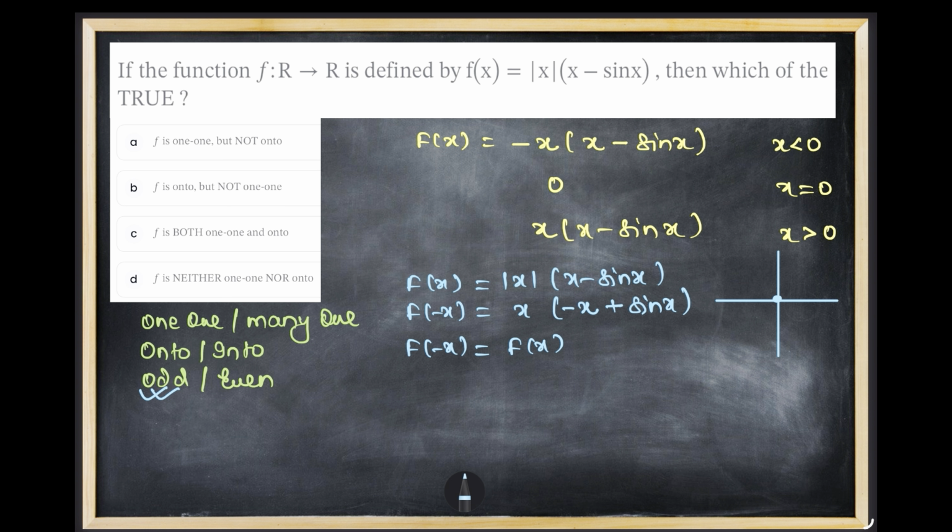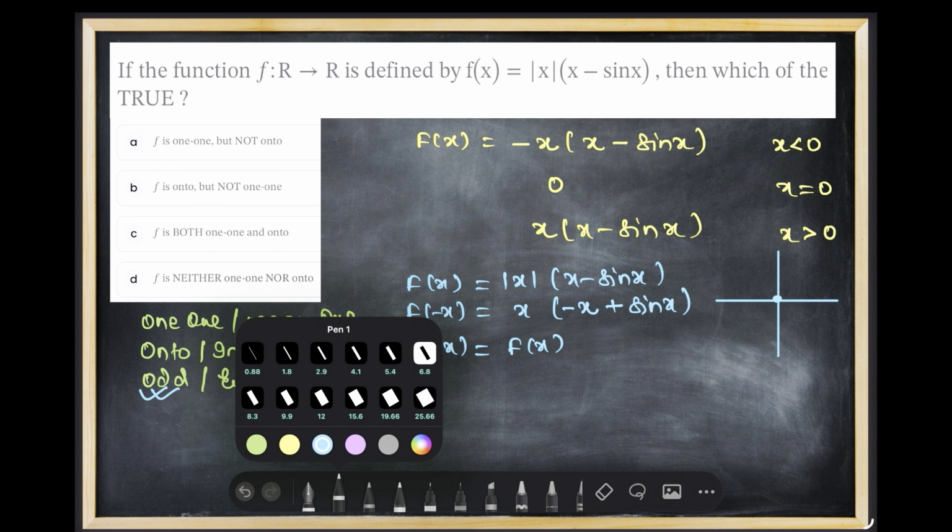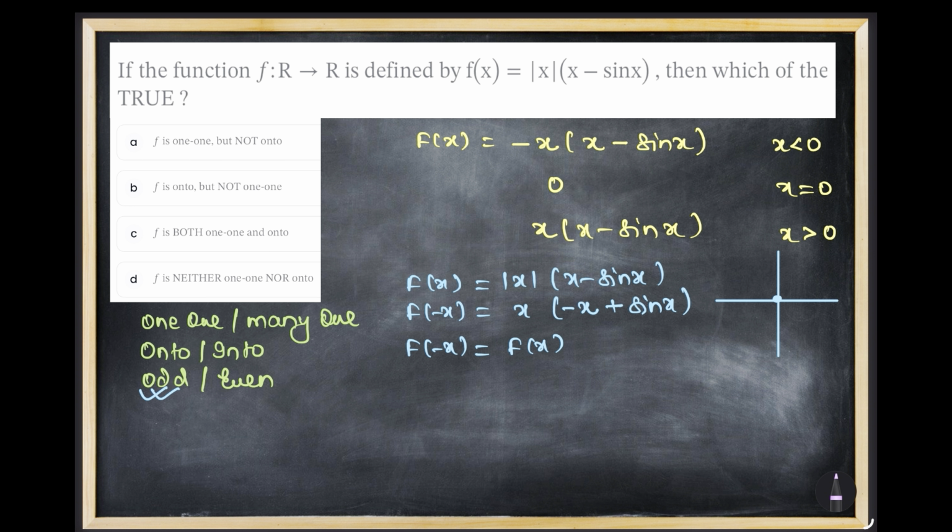I will focus on the function after x equals 0. At 0 it is 0. So suppose that we have x greater than 0. So you got your f of x as x square minus x sin x. This is your f of x.